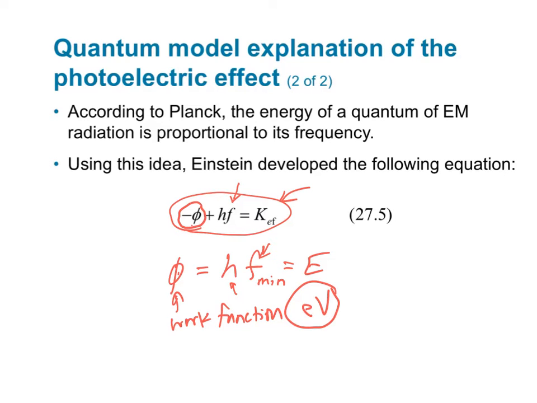Then you might strike that cathode with a higher energy electron. That's this frequency right here, and that's going to give you the kinetic energy of the ejected electrons. This is the kinetic energy of ejected electrons. I'm going to put that in the form of a graph for you, and I think it's going to make some sense, I hope.